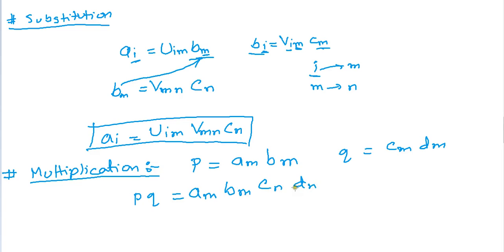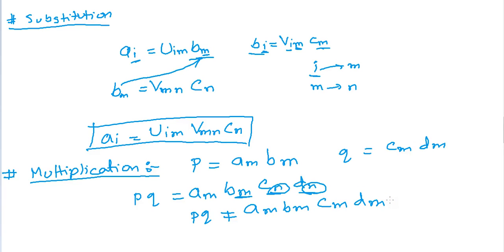So we know from matrices how we can multiply two matrices, right? One column should be equal to one row of the other matrix, so m and n should be the same. In this different case, it's important to note that PQ is not equal to A_m B_m C_m D_m.